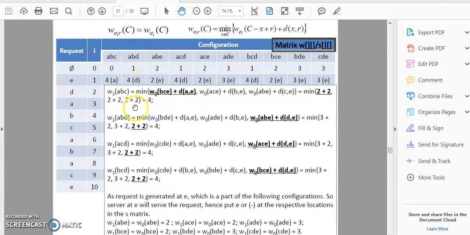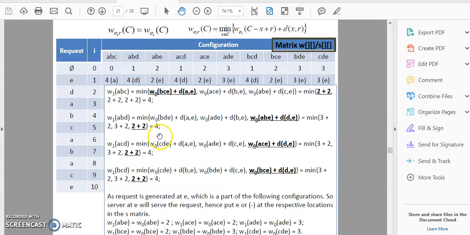Similarly, we will calculate for ABD. For calculating ABD, we will either remove A and add E, so BD with A removed and E added at the end, plus the travel distance from A to E. Similarly, we will remove B; if we remove B, our configuration is A, D, and then E at the end, plus we have moved from B to E. We will calculate all of these and find the minimum, and the minimum is coming from the last one, which is 4.